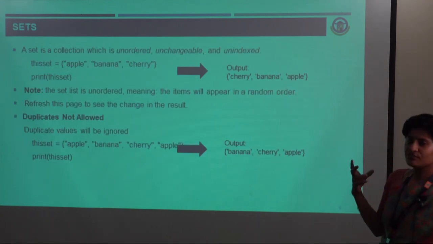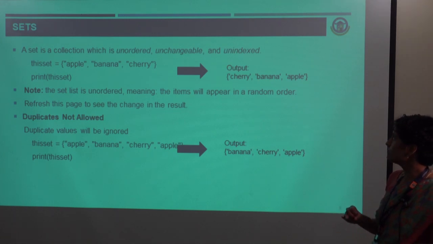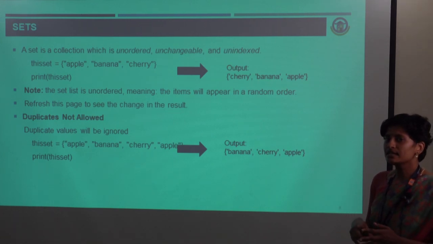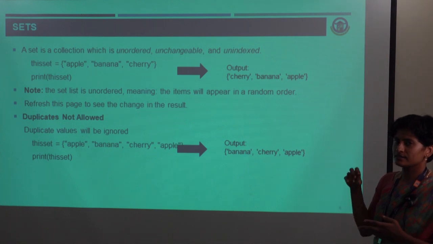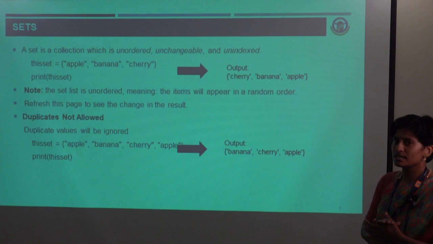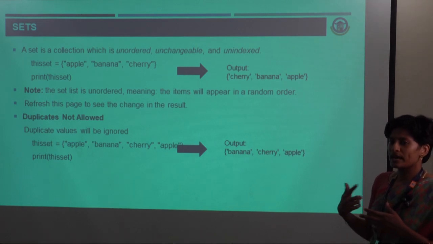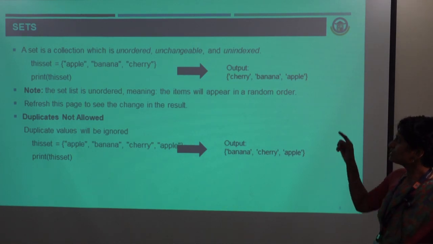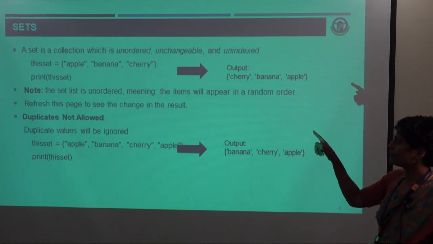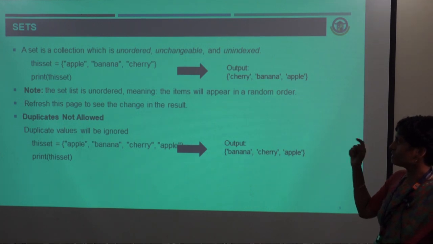Next one is the set. A set is a collection which is unordered, unchangeable, and unindexed. In list and tuple we have seen that there are certain indexing values, but in a set we don't have any indexing, because while we are running the program it will generate the output randomly. So this is the sample program, with apple, banana, and cherry inside the set.